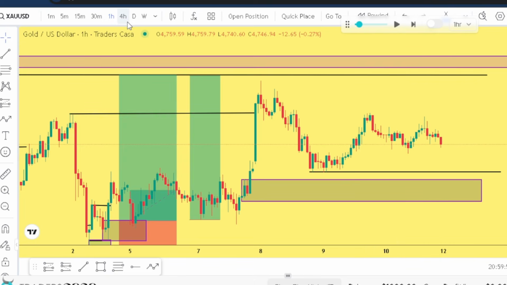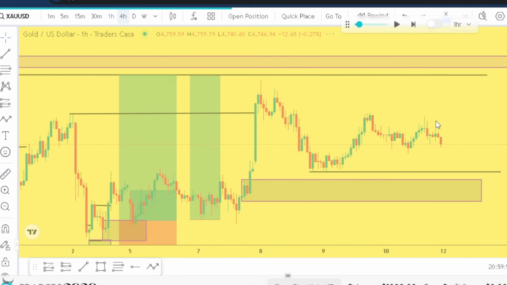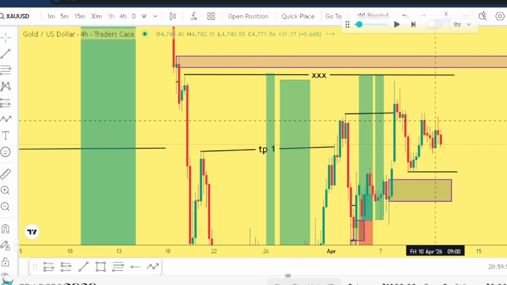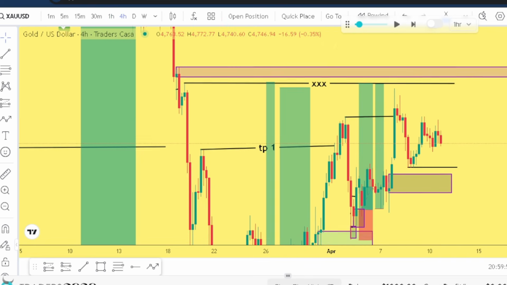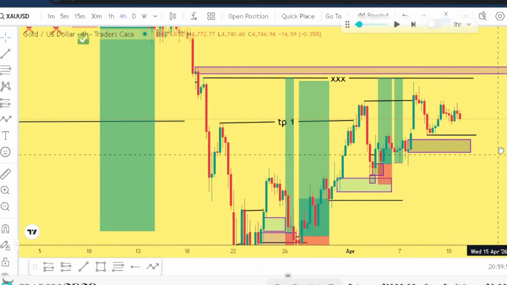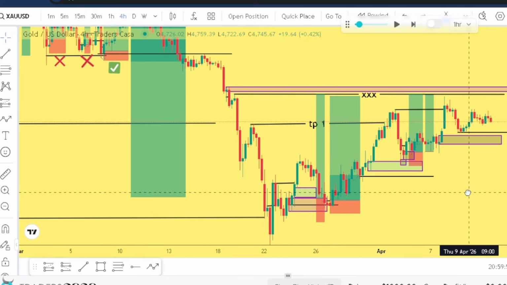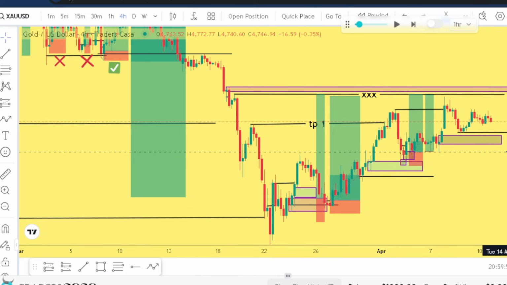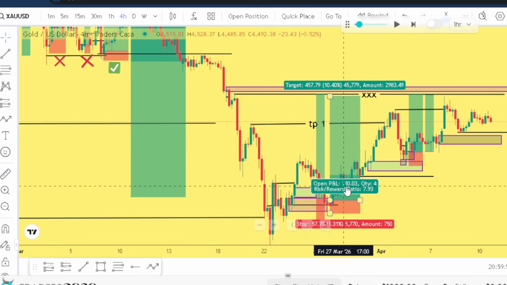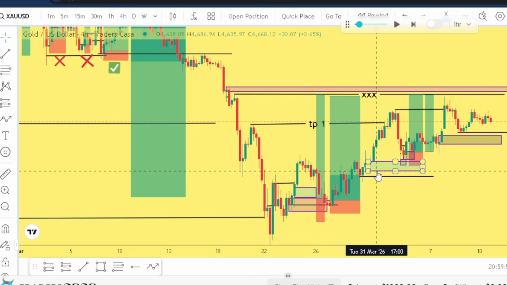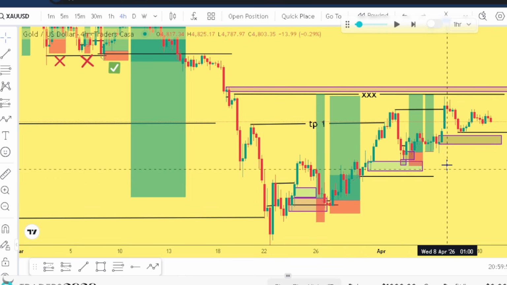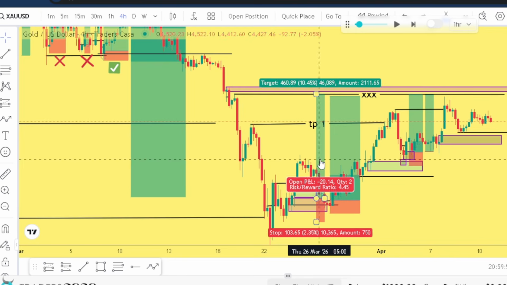So when we move back to the 4 hour, so today we have really made good trades. We haven't taken any loss. We built a very clean storyline, and now we managed to take several trades.